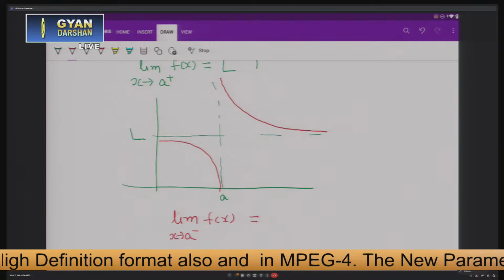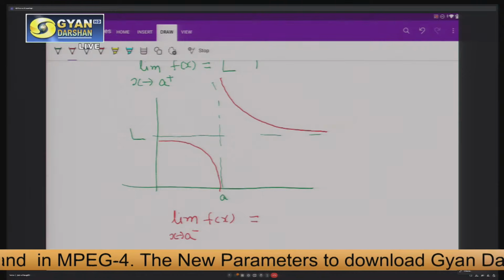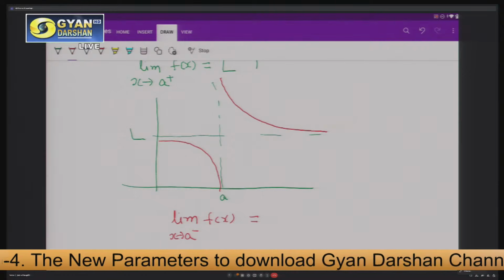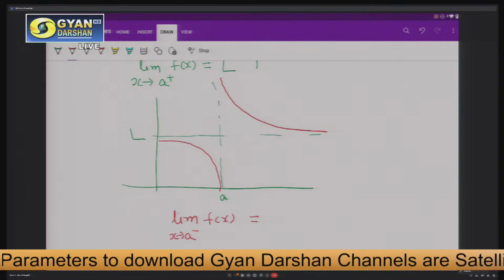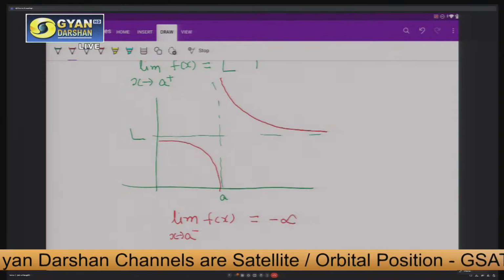You see, when x is approaching towards a, y is approaching to minus infinity.